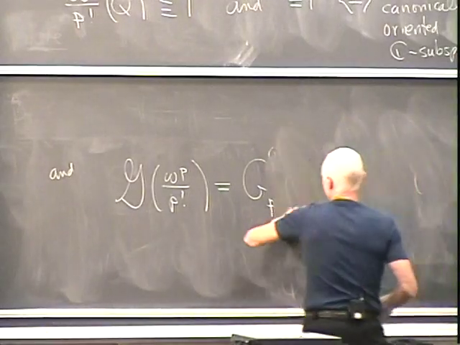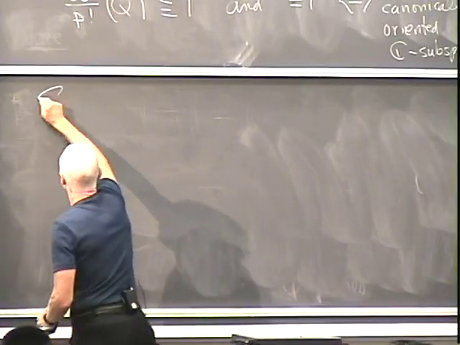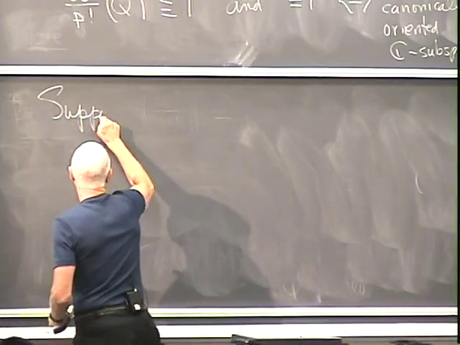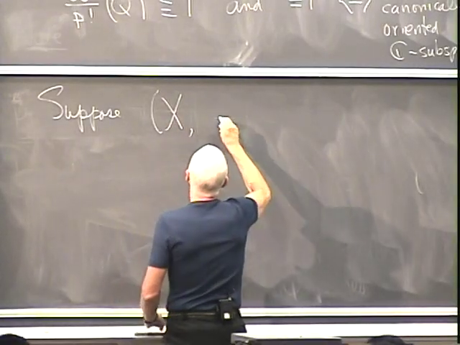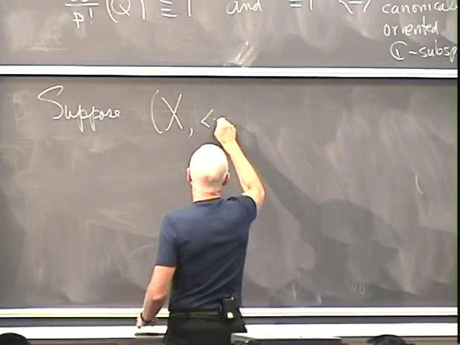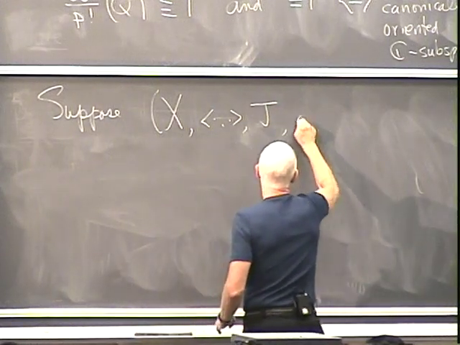So if I now go over to the Kähler case, suppose that now I have a manifold with the metric, J and omega.